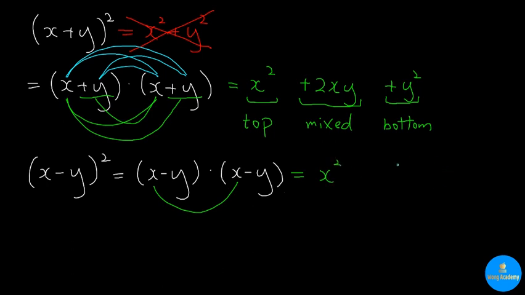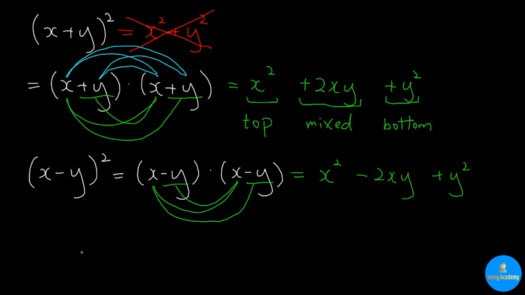The bottom term is obtained by negative y times negative y, so we have positive y squared. As for the mixed term, it's obtained by x times negative y, as well as negative y times x. Both of them give us negative xy, so we have negative 2xy for the mixed term.